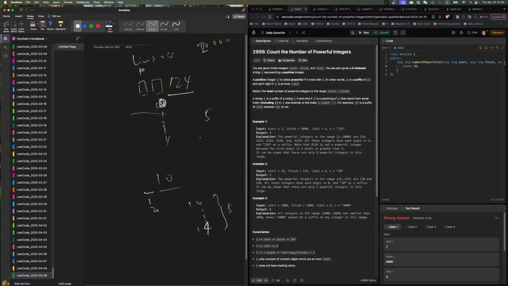So first things first, I need to compare this to the start, right? Start is actually fine. It's just the finish. If this is bigger than the finish, then it's not gonna work. So that's the first thing. We're gonna check on the finish.